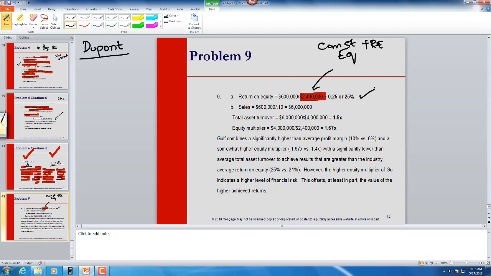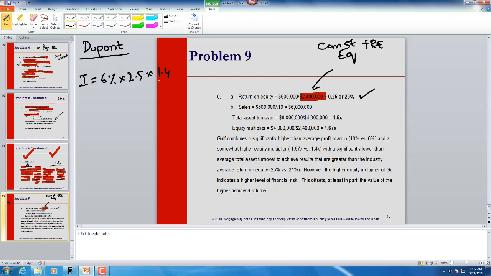companies. Part B of the question. The industry average ratios are as follows. They gave you the net profit margin. Net profit margin is, let us say, the industry's DuPont equation. The industry's DuPont equation: net profit margin is 6%, multiplied by total asset turnover of 2.5, multiplied by equity multiplier of 1.4. 6 times 2.5 is 15, right? 6 times 2 is 12, 0.5 is 3, so 15 multiplied by 1.4.